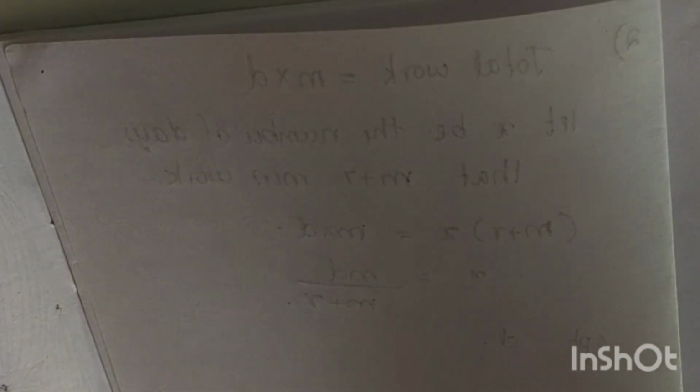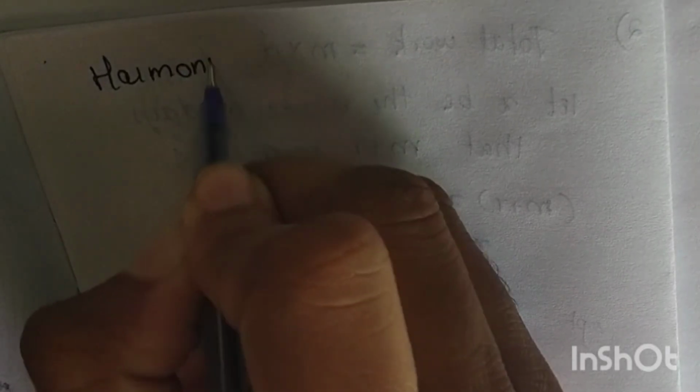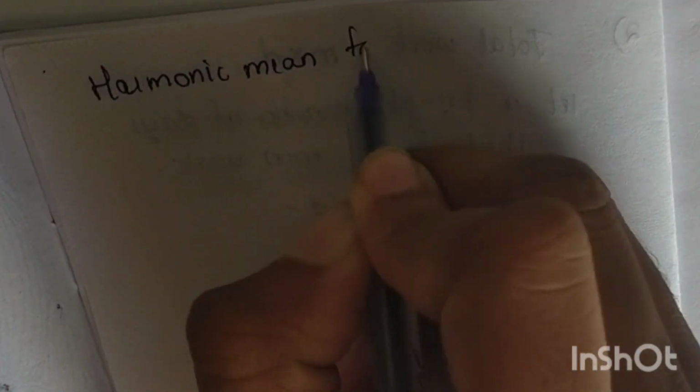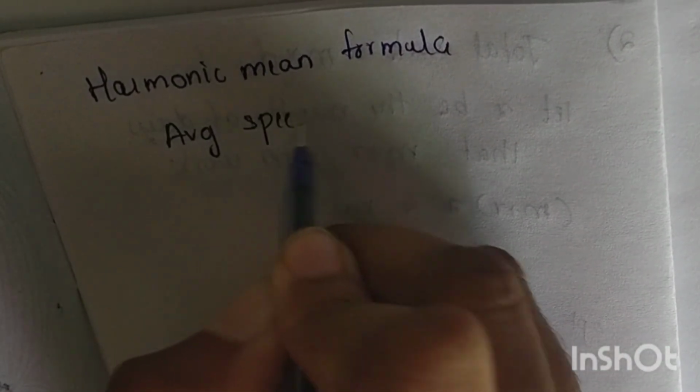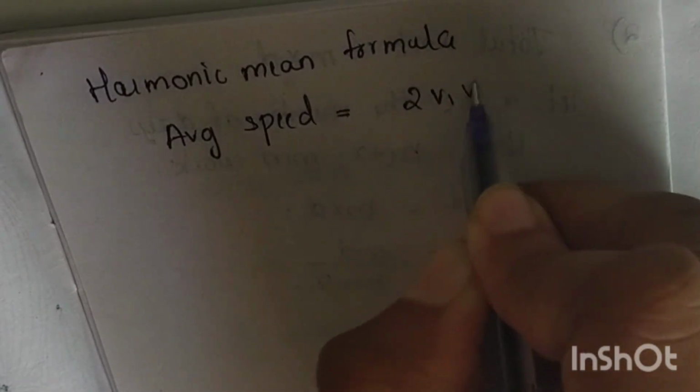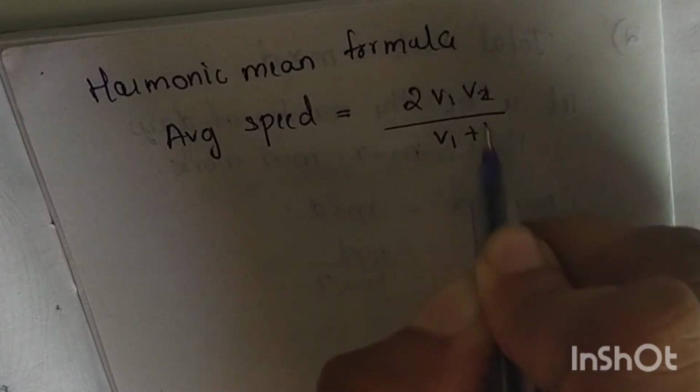If he walks from home to school, he uses 6 km per hour, so it takes less amount of time. But when he walks back, he is taking 2 km per hour, and that takes more time. When the distance is the same and the time is different, we use the harmonic mean formula. In the harmonic mean formula, average speed is calculated by 2 V1 V2 by V1 plus V2.